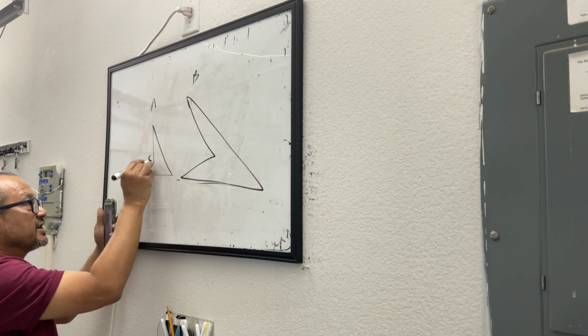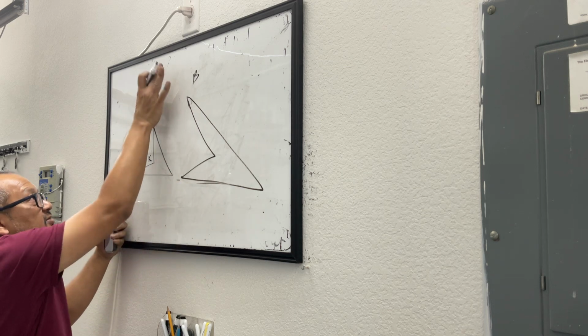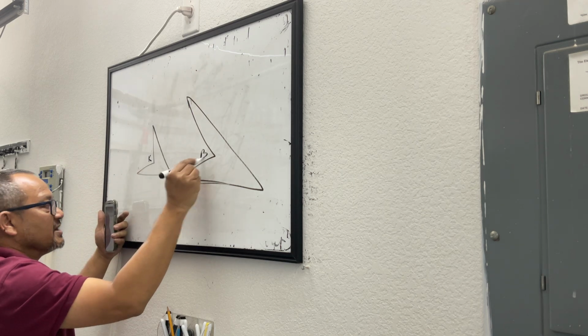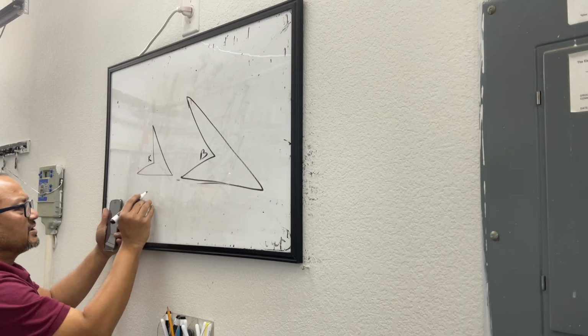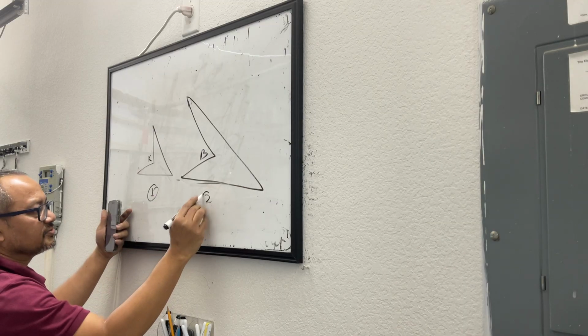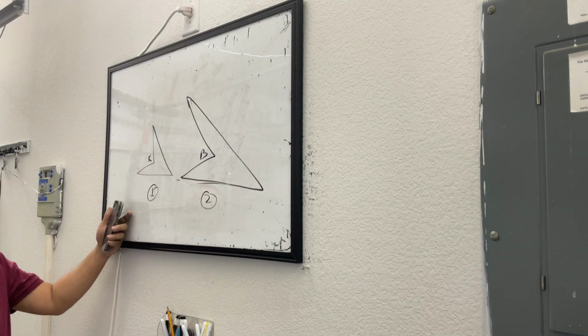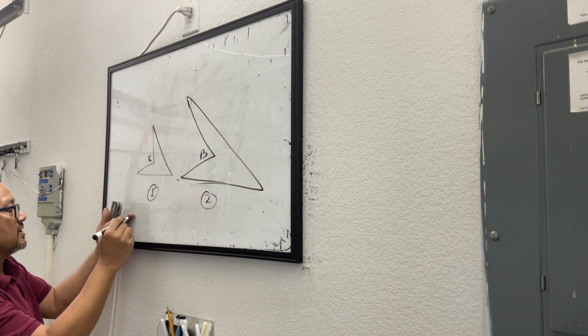Now let me give you some examples. Let's say this is point K. This is figure 1 and this is figure 2. Let me give it a name.